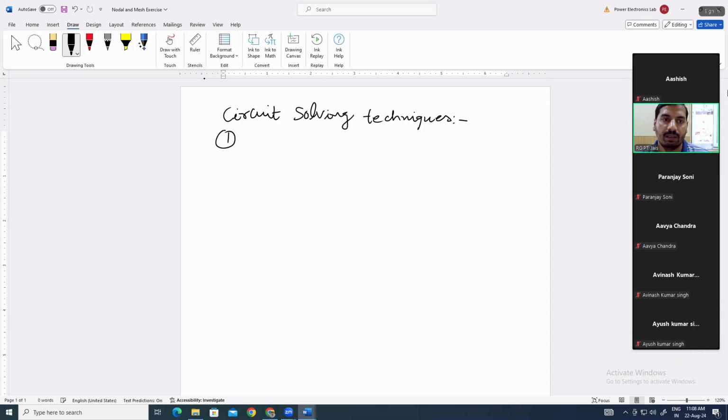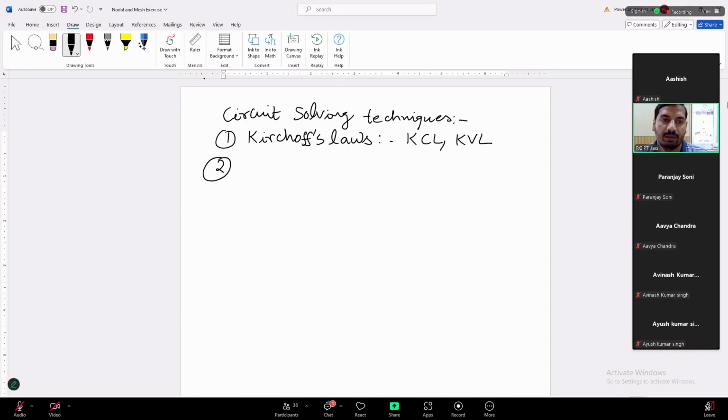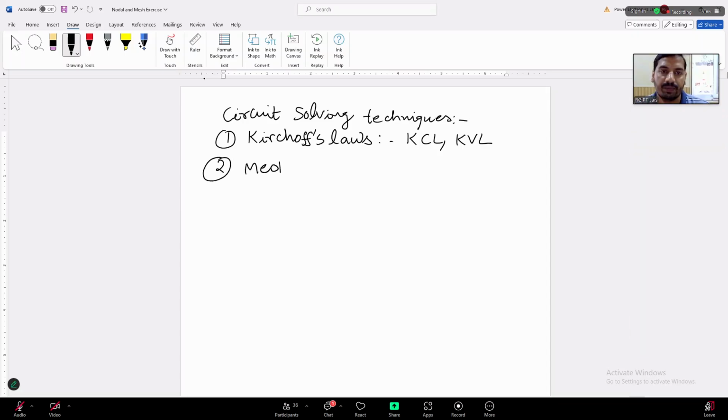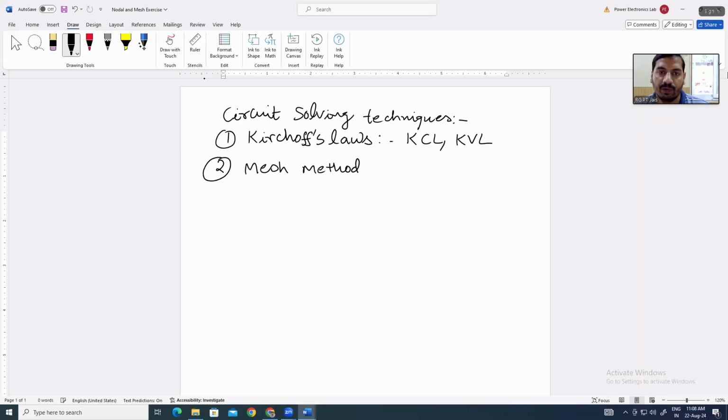First, we can see Kirchhoff's laws. In Kirchhoff's laws, we have seen KCL, KVL. Second one is mesh analysis, mesh method, or mesh current method.